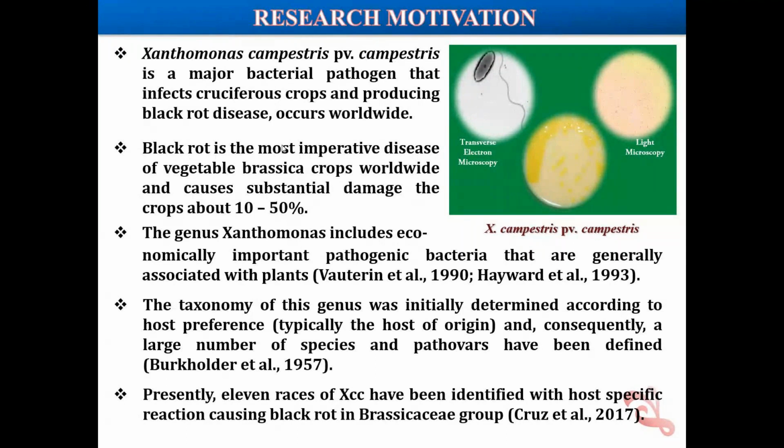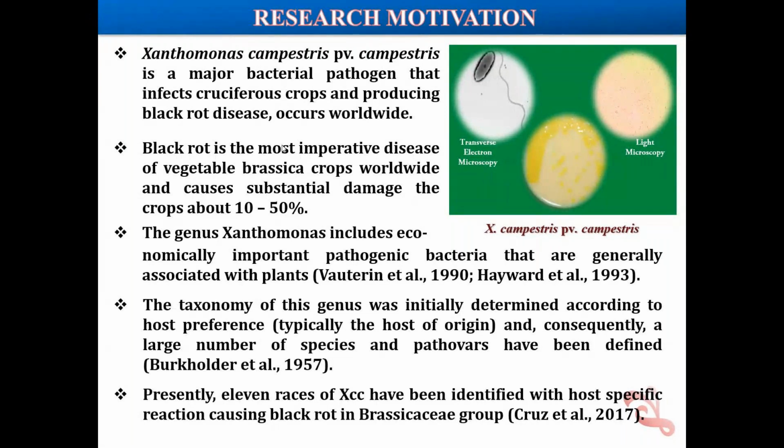The taxonomy of the genus was initially determined according to host preference, and consequently a large number of species and pathovars have been defined. Presently, 11 races of Xanthomonas campestris pv. campestris have been identified with host-specific interaction causing black rot disease in crucifer crops.